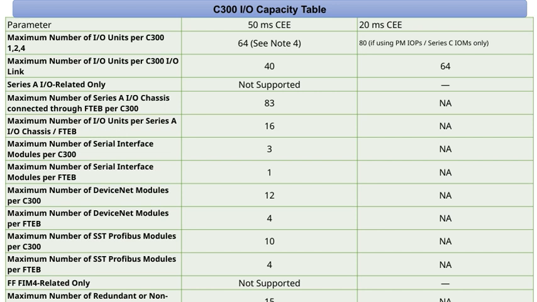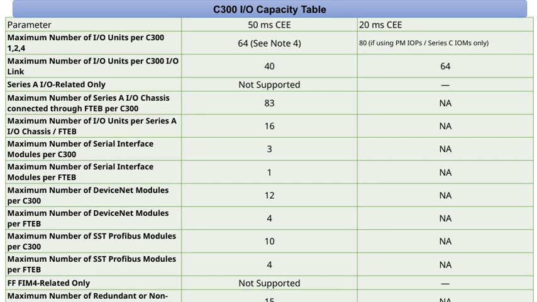Now, focusing on Series A I/O related components, these are not supported in the 20 ms CEE setup, but for the 50 ms, you can connect up to 83 Series A I/O chassis through the FTEB per C300. Each Series A I/O chassis supports up to 16 I/O units per FTEB, which is important for scalability.